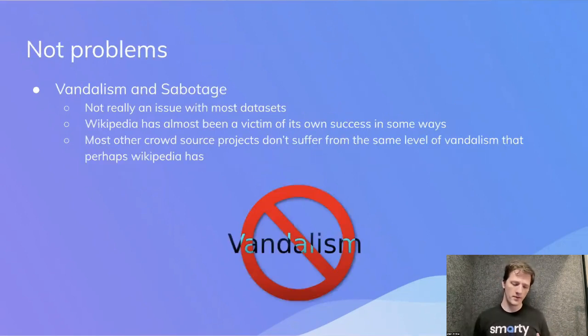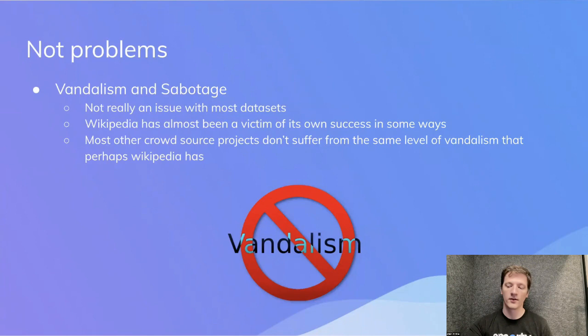Now, before we jump into some of the hardships of OpenStreetMaps or other crowdsources of information, I want to talk about one problem that it really doesn't have. So there's a lot of talk about, and perhaps you've seen it as well, like on Wikipedia, vandalism and sabotage.